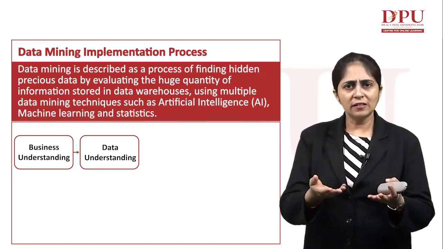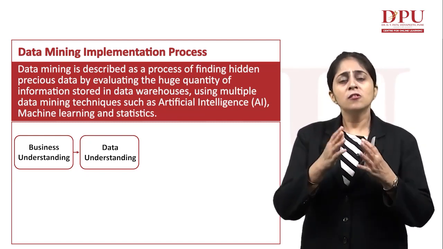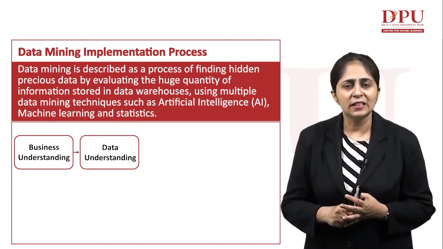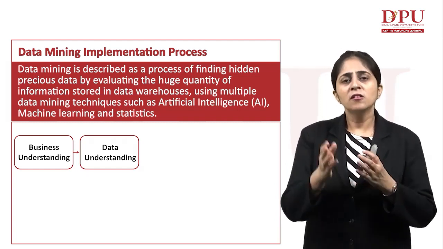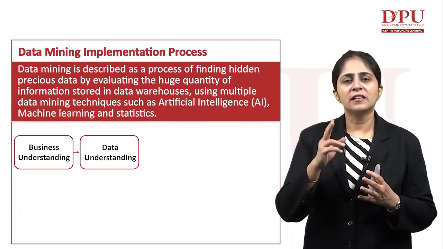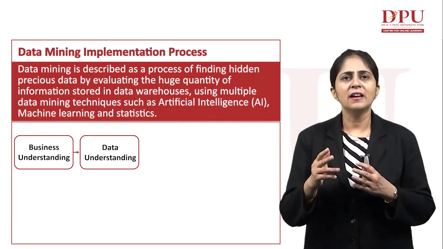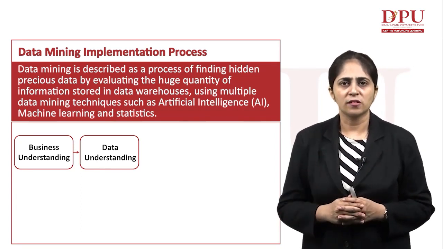Some of the things might be irrelevant. So we have to understand the data: what is important, what is required, what is not required. That understanding of data is the second step of our data mining implementation process.